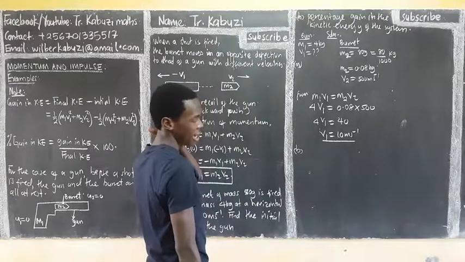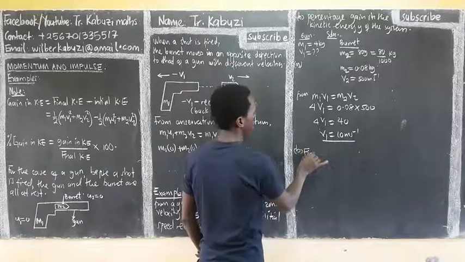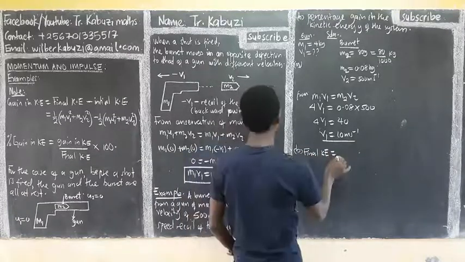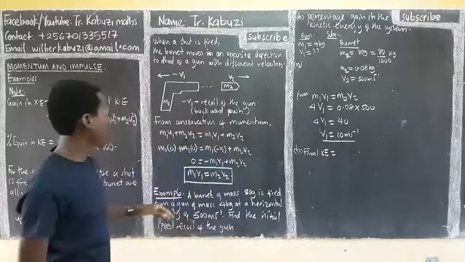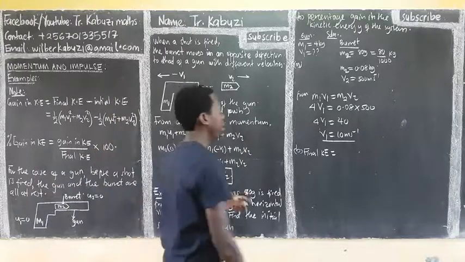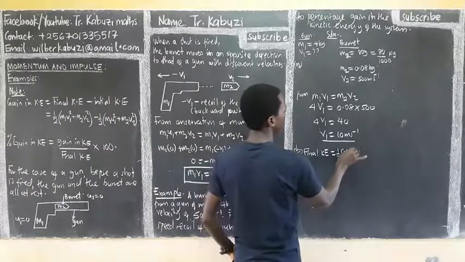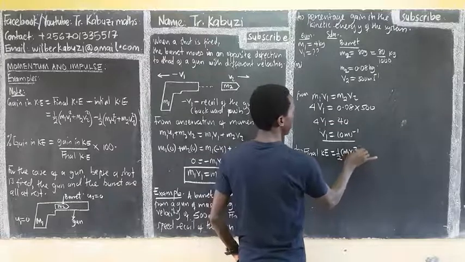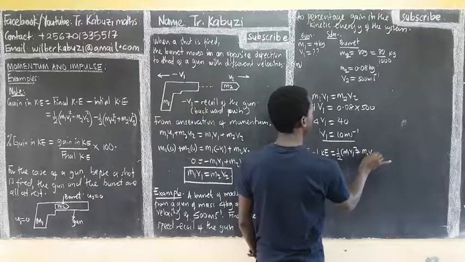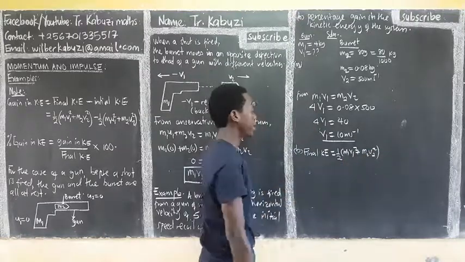First of all, we get our kinetic energies, starting with the final KE. It is going to be a half M1 V1 squared plus M2 V2 squared, because a half is common, that's why I'm pulling it out.